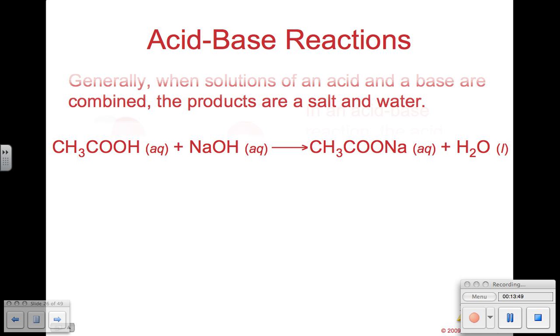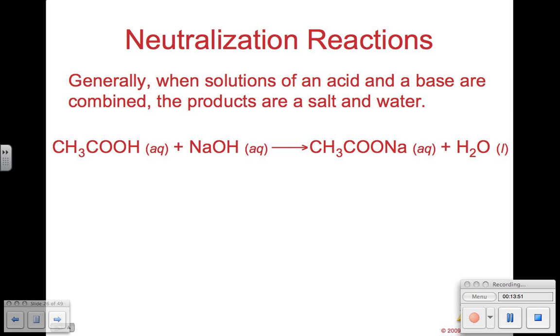So when you talk about a neutralization reaction, where you want to cancel out the acid with a base or cancel the base with an acid, typically you're going to have a salt as the product as well as water, because in the neutralization the OH and the H combine to make H2O.